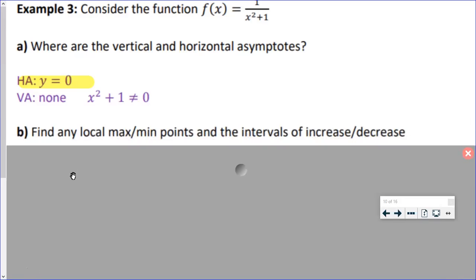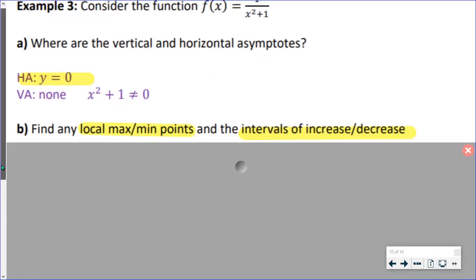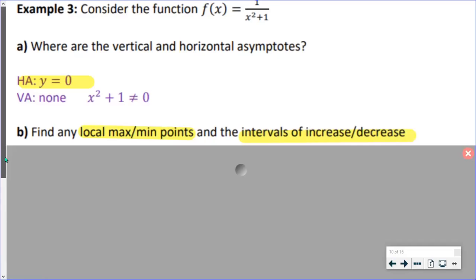Now, if the question is asking you for local max and min points or intervals of increase and decrease, for this particular section I'm going to focus on the first derivative and the first derivative test. So you'll notice 1 over x squared plus 1, even though it's a very simple function, still requires us to use the quotient rule.